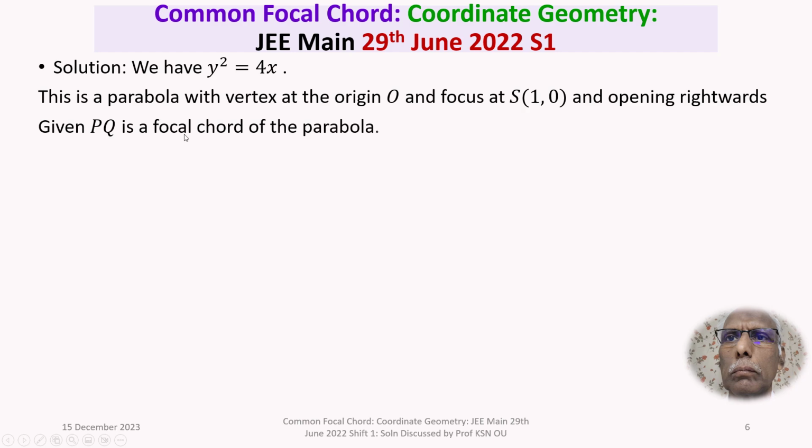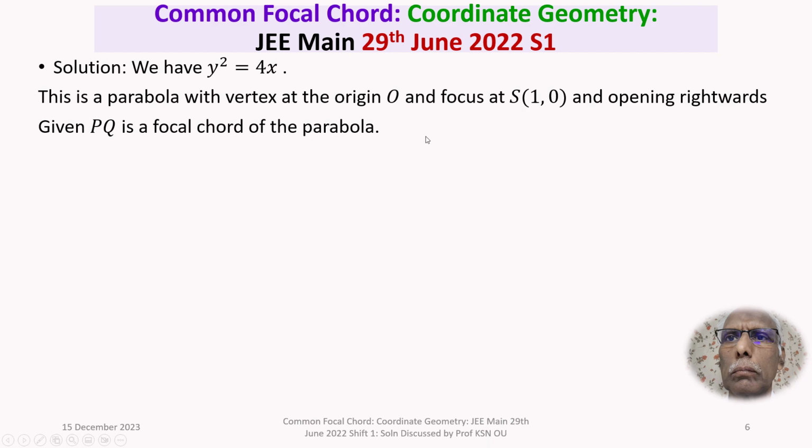Given PQ is a focal chord of the parabola, the meaning of that is, it is a chord passing through the focus, and therefore P and Q will lie on the parabola.